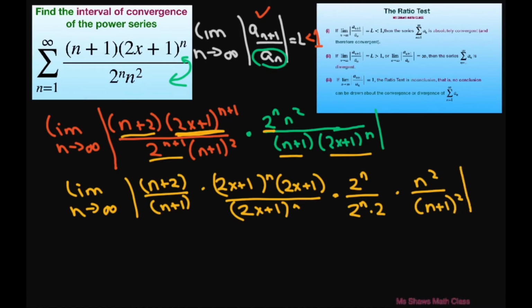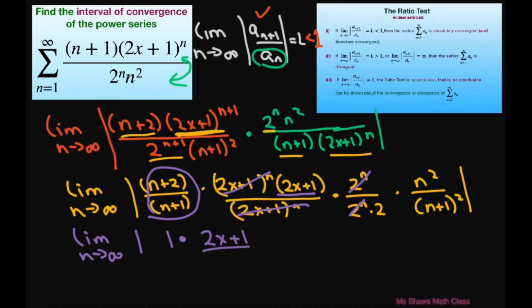All right. Now, as we apply the limit, let's cancel some stuff out. We get this canceled out. This cancels out. Now, if you take the limit as n approaches infinity, it's going to be absolute value of 1. Then we still have our 2x plus 1 divided by 2. This is also going to be 1.